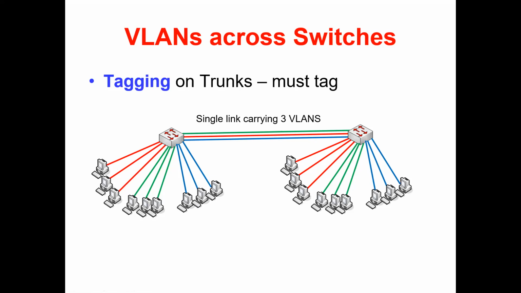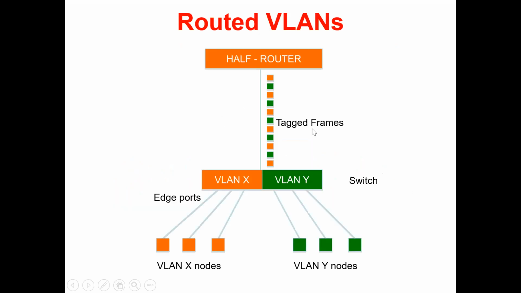So we now introduce a router and then configure the router. In other words, define it with software, so that it knows that these are not physical LANs, they're actually virtual LANs. So we create what's called a router on a stick, and there's an example here on this slide.